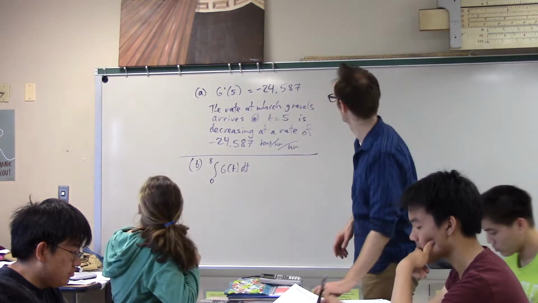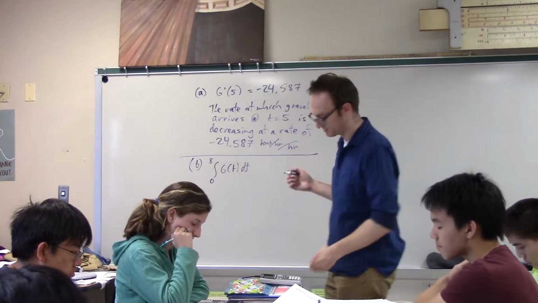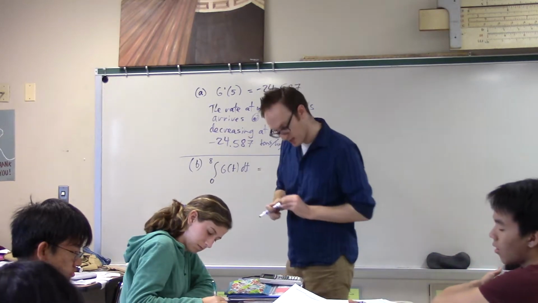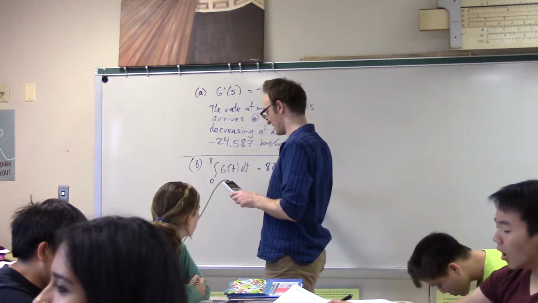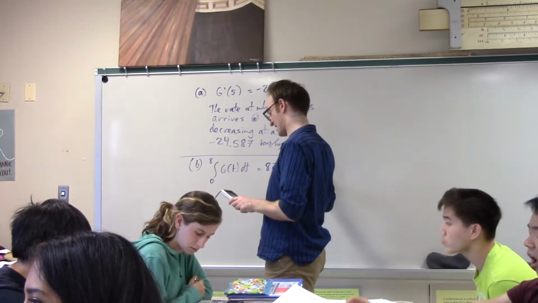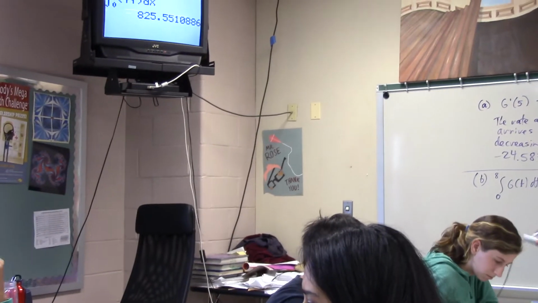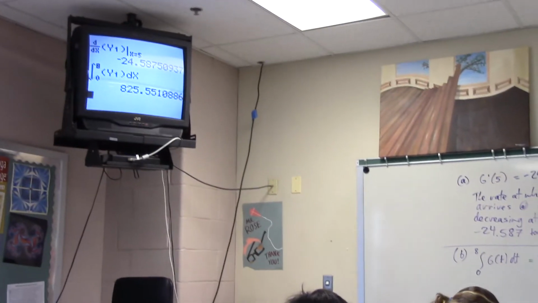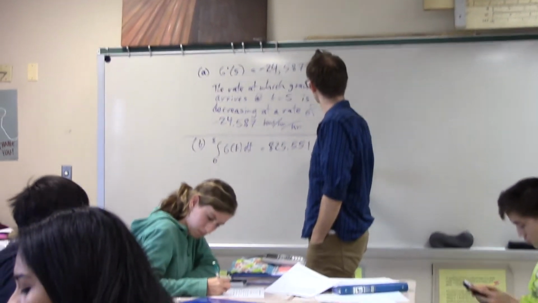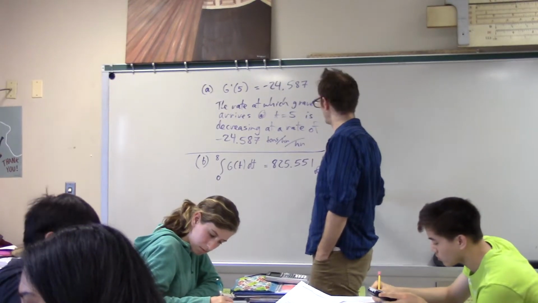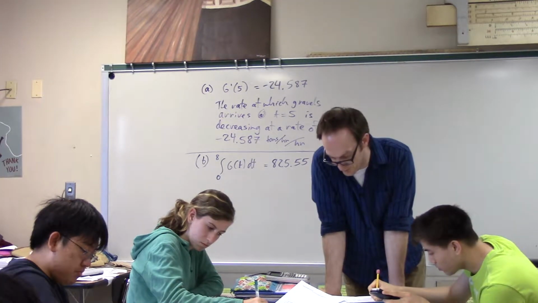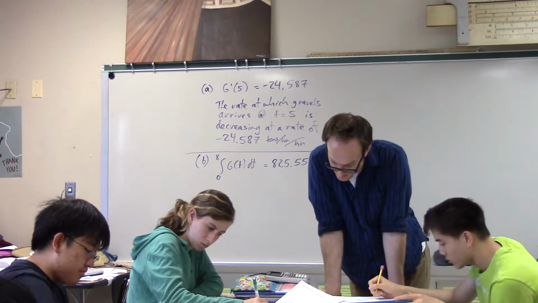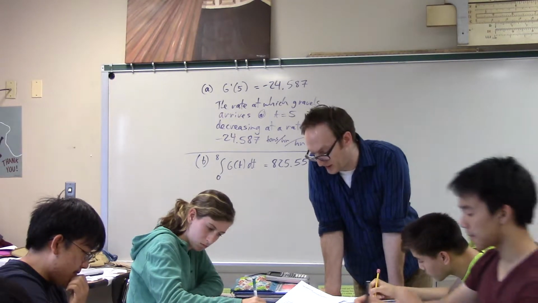Okay, so the answer is 825.551. And what are the units? Yeah, tons of gravel. So that's how much gravel arrived. Okay, is everybody cool? Am I going too fast, too slow? All right, part C. Okay, do part C, go. Just think about it, figure it out yourself.